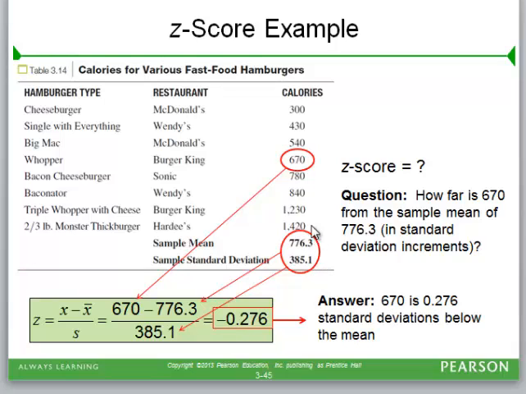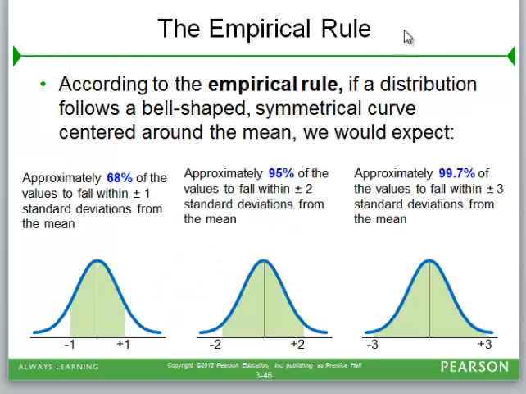And because it's minus, that means the calories of the Whopper at Burger King is less than the mean number. Okay, the empirical rule shows us how useful the z-value is.